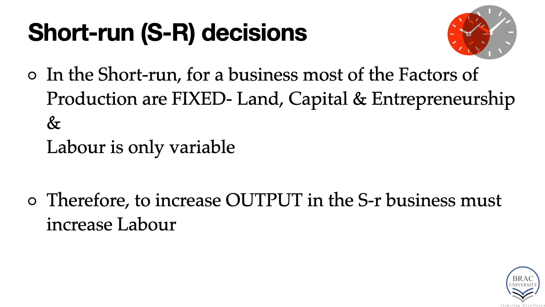However, it is the labor that a firm can add or reduce in any time frame, and therefore if a firm wishes to increase its output in the short run, it has the option to increase its labor. Note this: short-run decisions can be easily altered. Therefore, the firm can increase or decrease output in the short run just by increasing or decreasing the labor it hires.